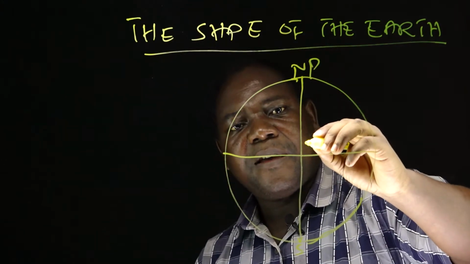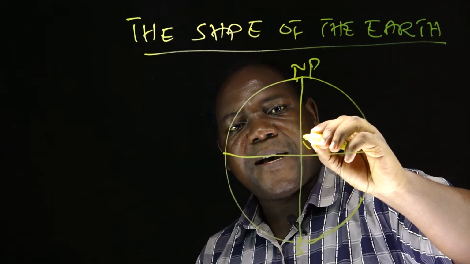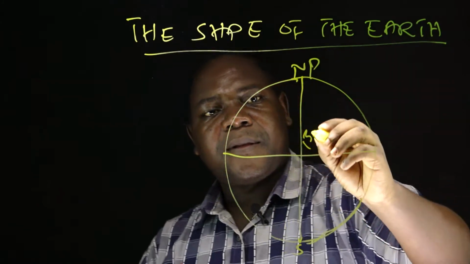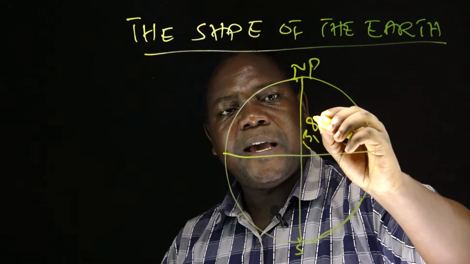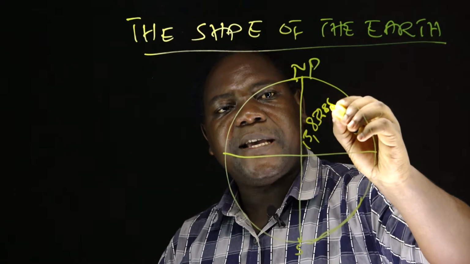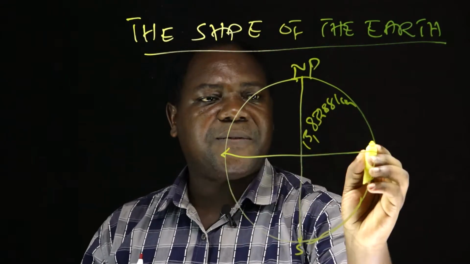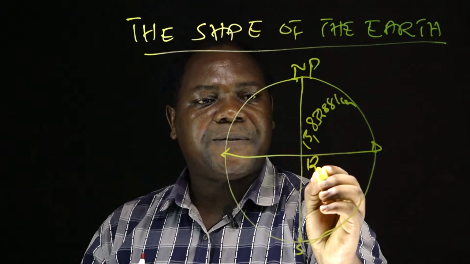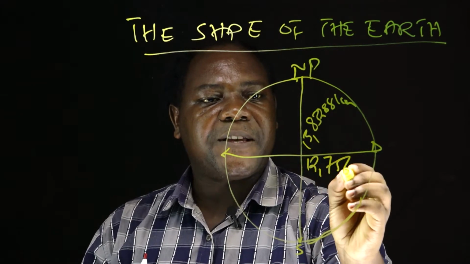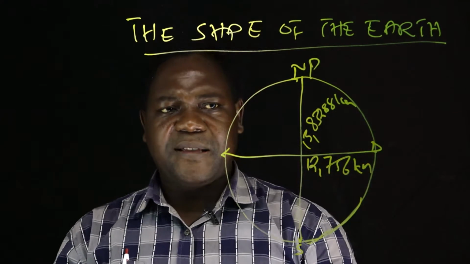Here, they came up with 13,832.88 kilometers. And from this side to this side, we have 12,756 kilometers. What does this mean?